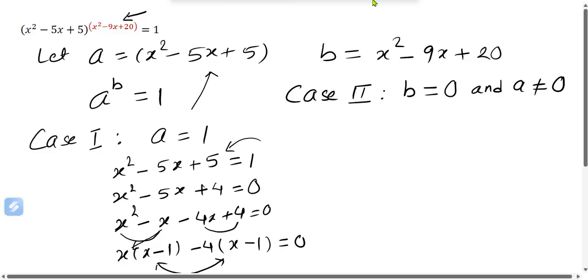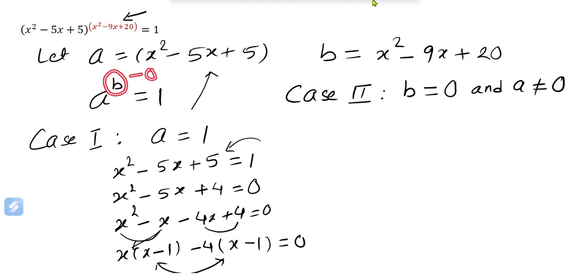So if the value of b is 0, but a is not equal to 0, then if any number has exponent 0, the value is 1. So in the second case, we say b is equal to 0 and a is not equal to 0.